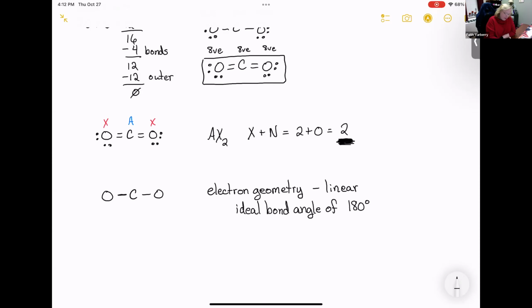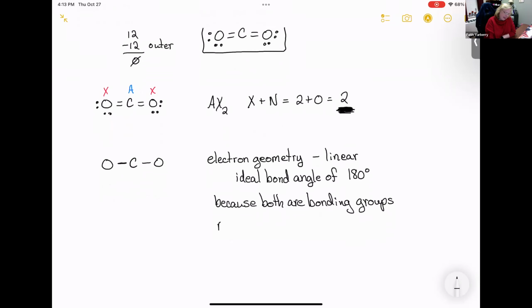Now, because both of these groups are bonding groups, it means that the molecular geometry is also going to be linear.